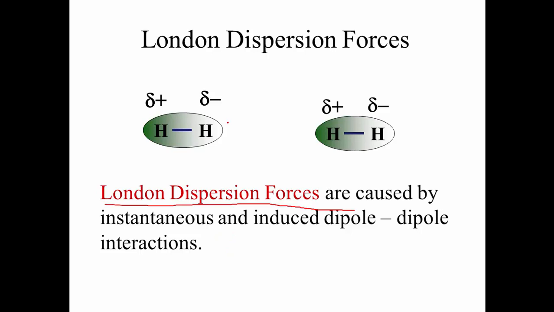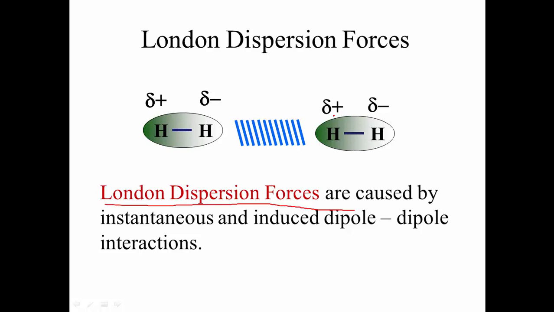If you cool down substances, these forces can last longer. If you have really large molecules and you have more of these distortions of the electron clouds, then you can get solid states from them. So every single substance has London dispersion forces. Dipole, dipole, ionic, everything has this disruption in the electron cloud.